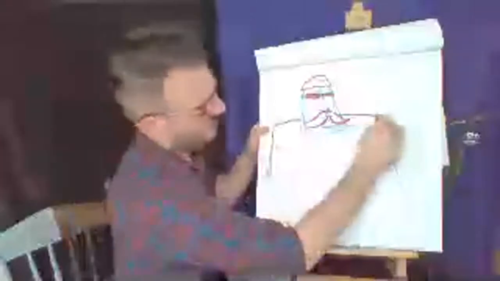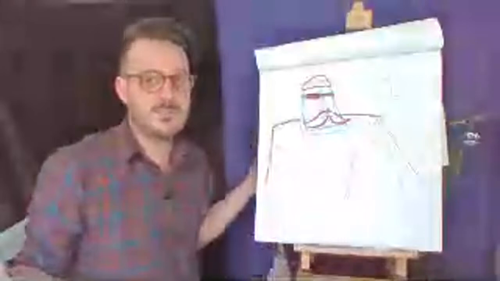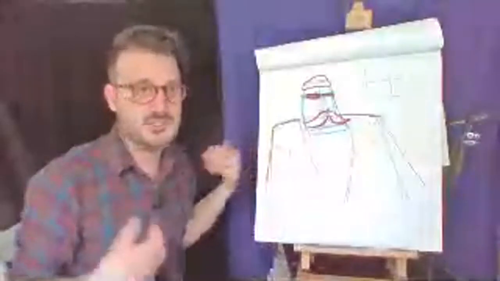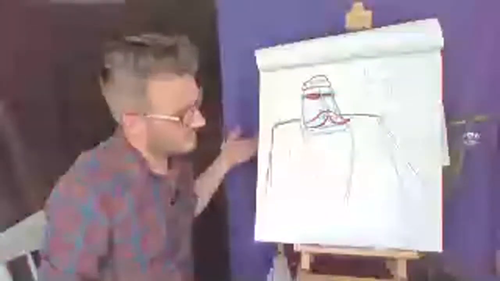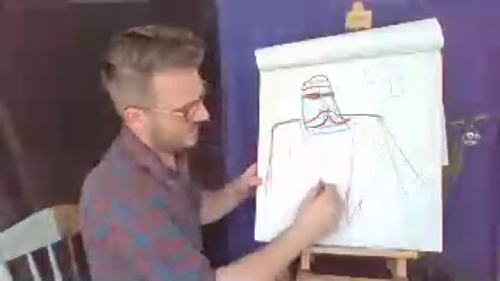And again, because I'm drawing his body so large, I don't have to draw his entire body at all because it goes off the page. You can draw the entire body if you want, but you don't have to.